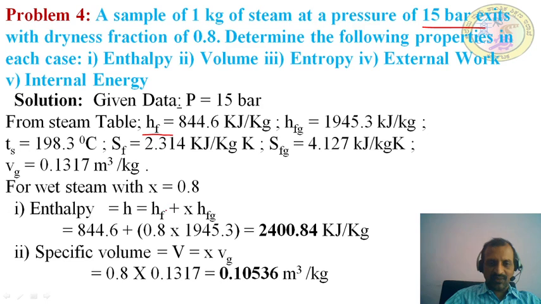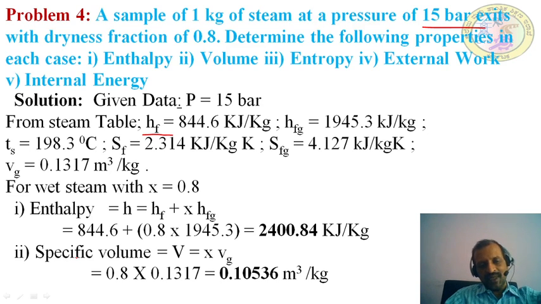From the steam table, the enthalpy of water is 844.6, plus, since the given steam is wet steam, substitute the dryness fraction x as 0.8, multiplied with the hfg value, that is 1945.3. That will give you 2400.84 kilojoules per kg.